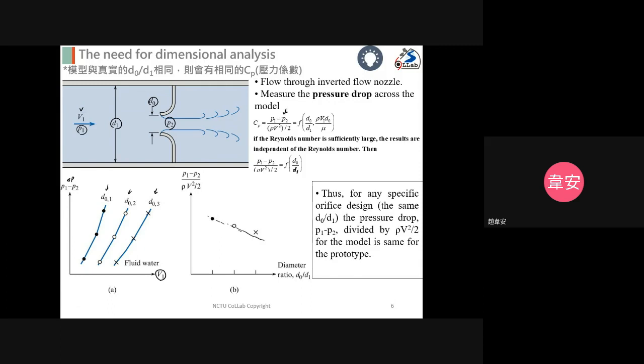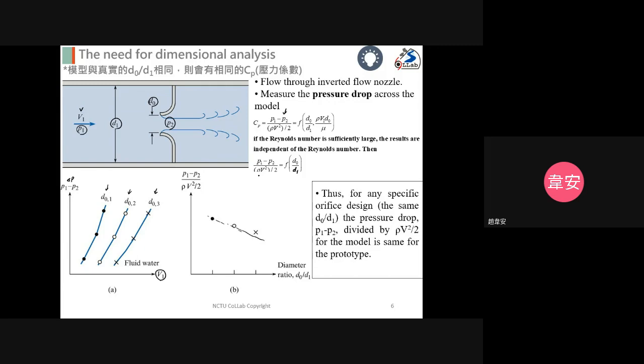We call it the pressure coefficient, and d0 and d1 give the diameter ratio. So for this experiment, for any specific orifice design, the pressure drop divided by the kinetic energy for the model is always the same as for the prototype.